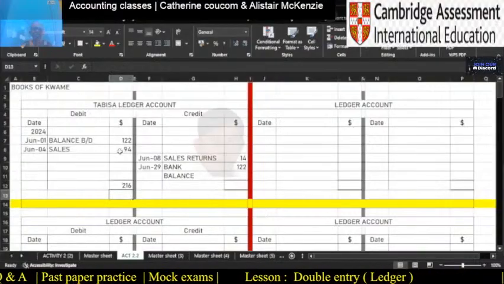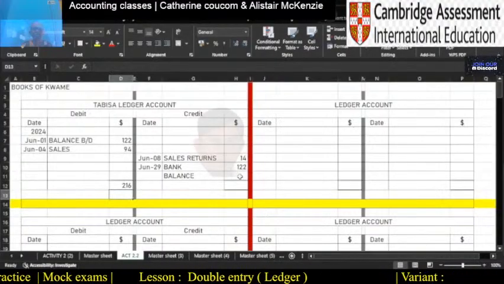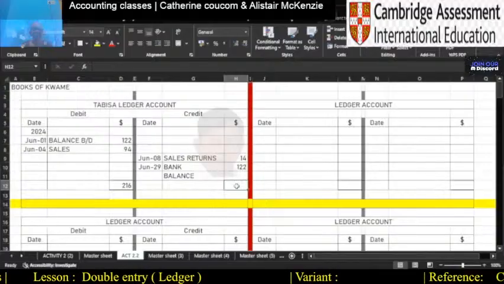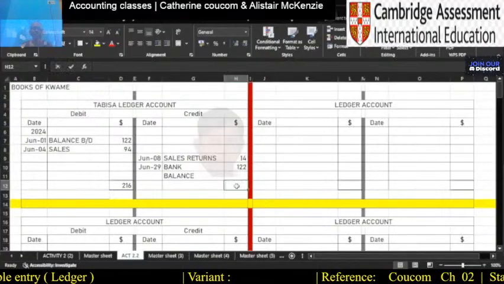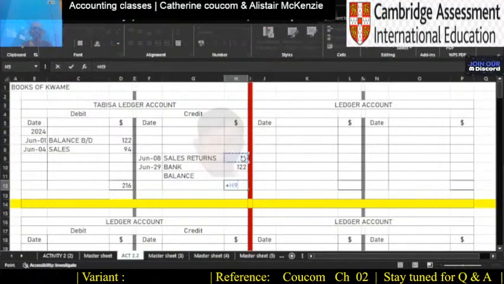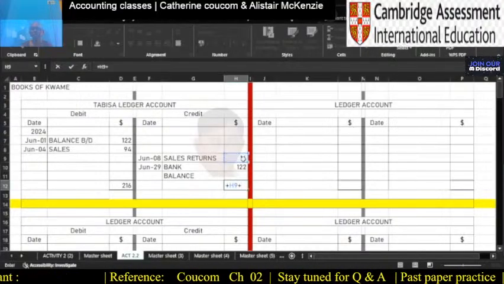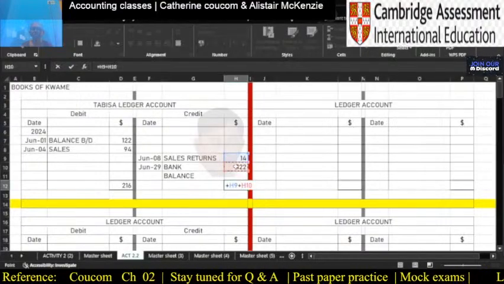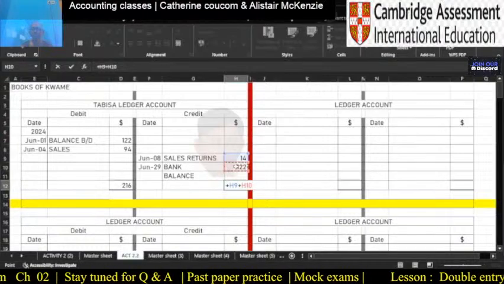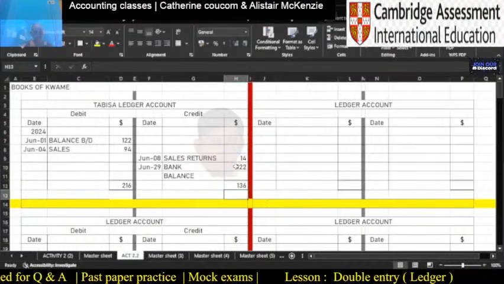What is the total here? The total here is 136.